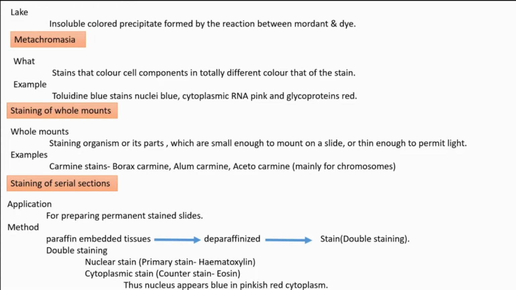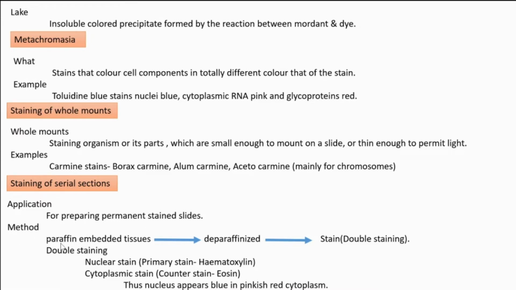Instead, if we prepare the stain and specimen once, and it is properly stained, we may convert it into a permanent slide, which will be easy for future studies. In such occasions, this method is adopted: staining of serial sections for preparing permanent stained slides.